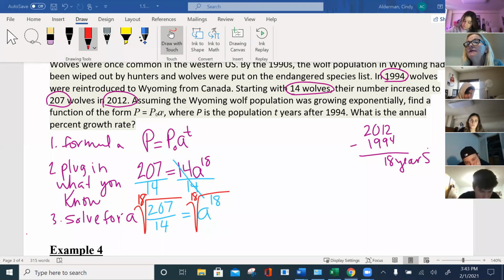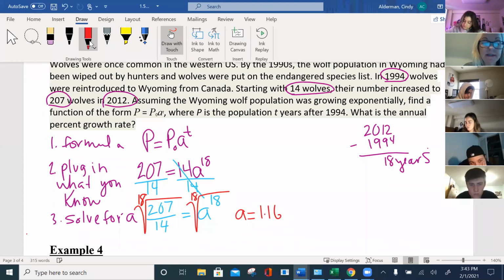This back over here. So now our A value would be equal to 1.16.